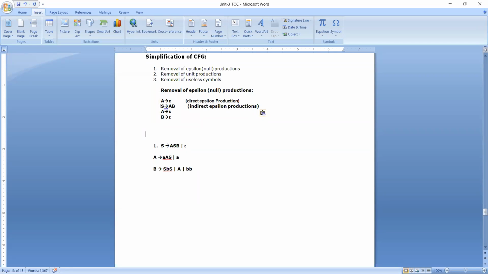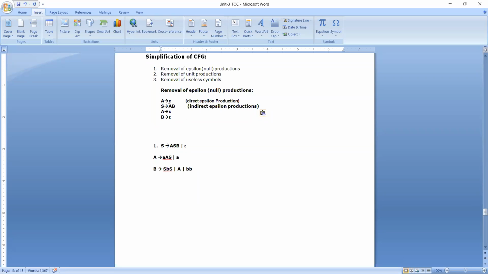But if you observe thoroughly, S is also an epsilon production. The reason is that A is a variable producing epsilon, and B is also a variable producing epsilon. So when you substitute A as epsilon and B as epsilon, it results in S also being an epsilon production.